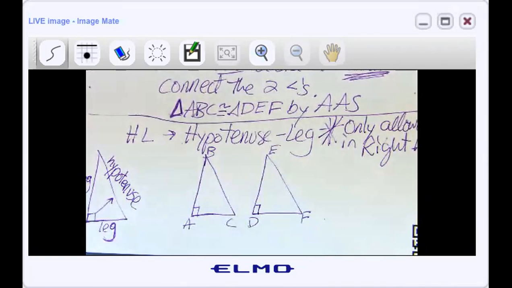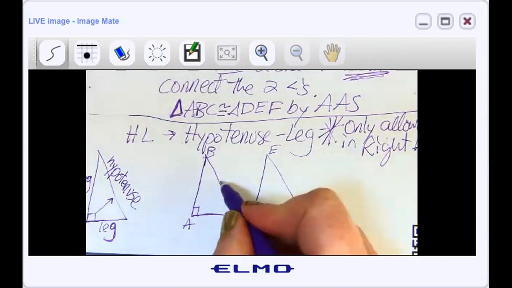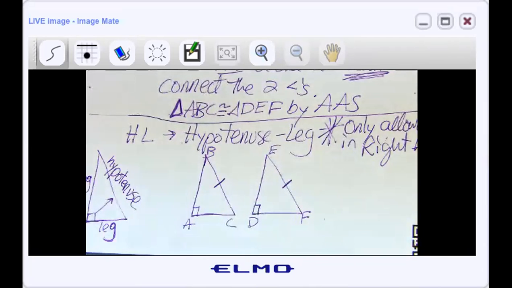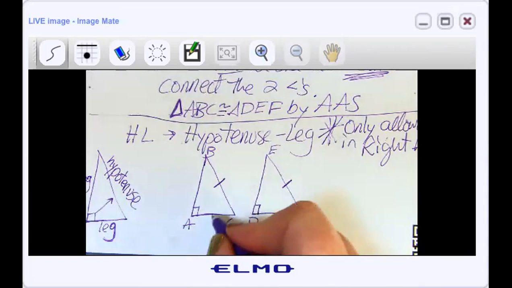All right, here's what I need for hypotenuse leg. I need the hypotenuses to be the same. So I need that side across from the right angle, that one has to be the same. And then I also just need one of the other legs. It doesn't matter which leg, but I need another leg. So let's say it's this one.